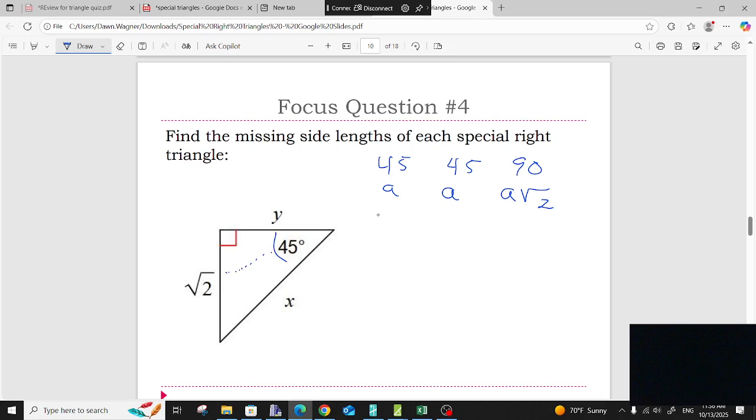So I know that this is square root 2. So what's this over here? Square root 2. These two have to be the same measure. But over here, it's square root 2 times square root 2. What is the square root of 2 times the square root of 2? Square root of 4, which is just 2. Or here, the square roots cancel each other out, so it's just 2. You could just put 2 right away.